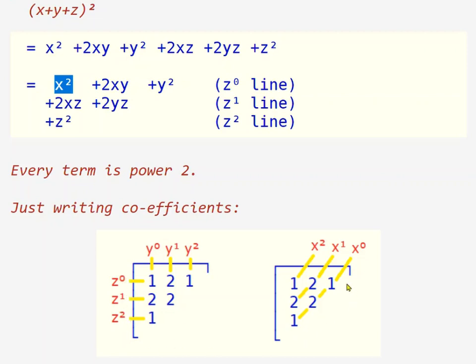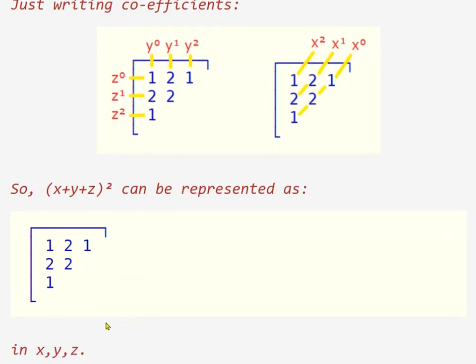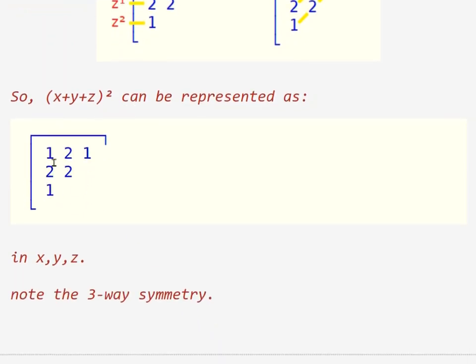And the x powers are increasing from right to left. So this is the x squared term on the top left. X plus y plus z squared can be represented as this in x, y and z. That's a Triser. And note the three-way symmetry.